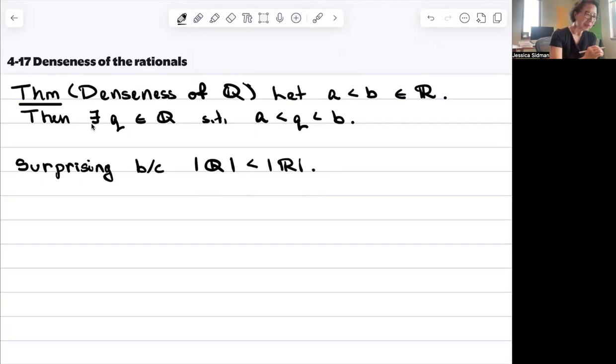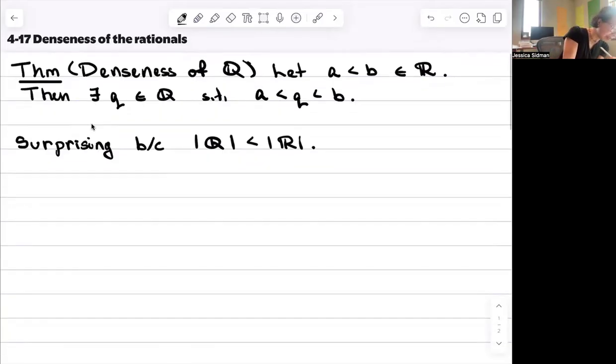Okay. So let me tell you the two main ingredients that we'll need to prove this. The first ingredient is something that we've used a long time ago, and this is the well ordering.